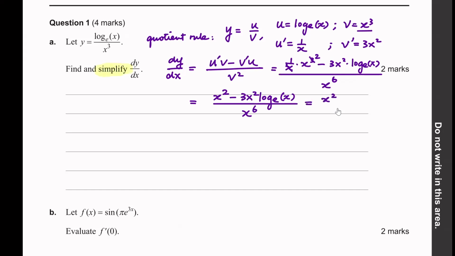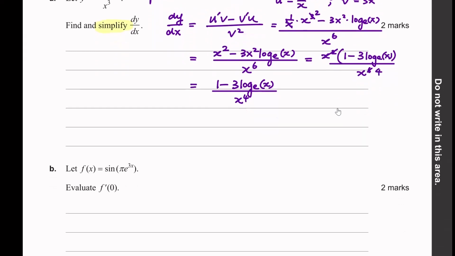So I take out a common factor, x squared: 1 minus 3 log e of x, divided by x to the power 6. So you get 1 minus 3 log e of x divided by x to the power 4. So that is a simplified answer.